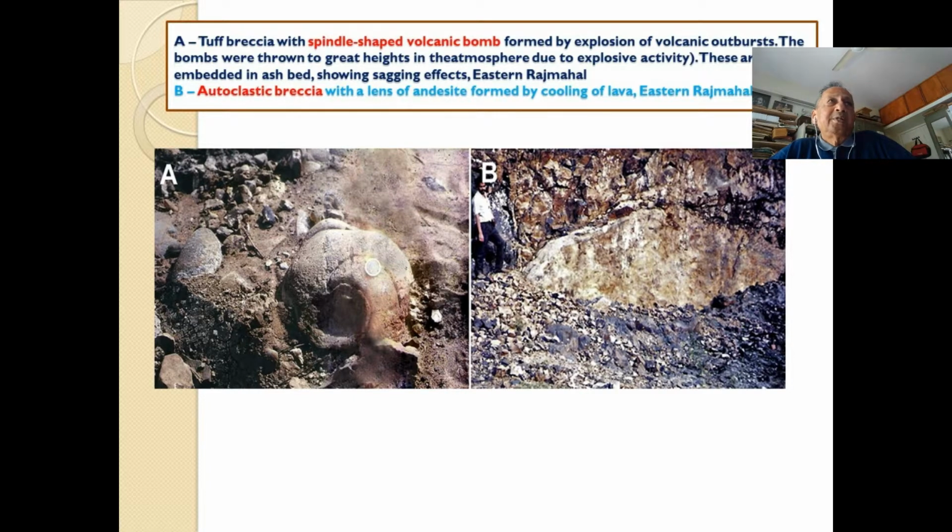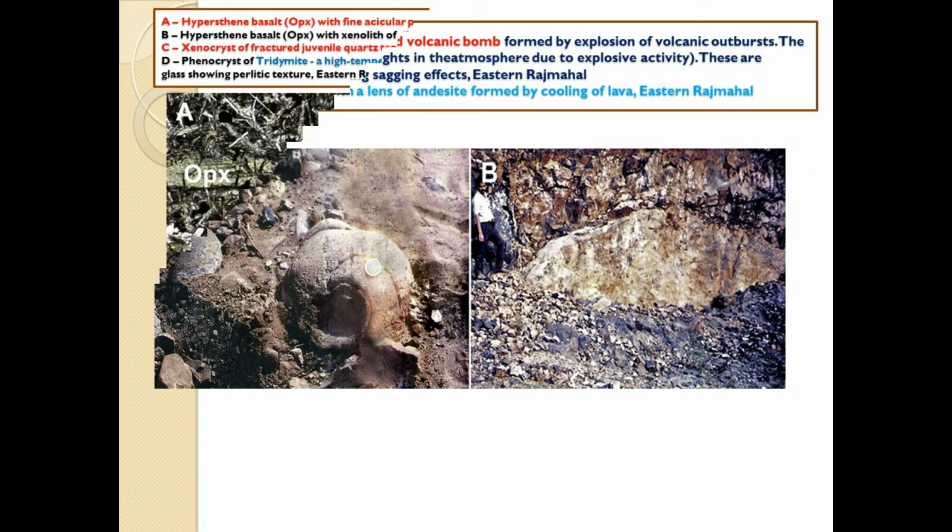These are embedded in ash beds, showing sagging effects. They are found near Barhait in the eastern part of Rajmahal Basalt. And the photograph on the right is a lens of andesite developed on cooling. This is also part of pyroclastic rock.